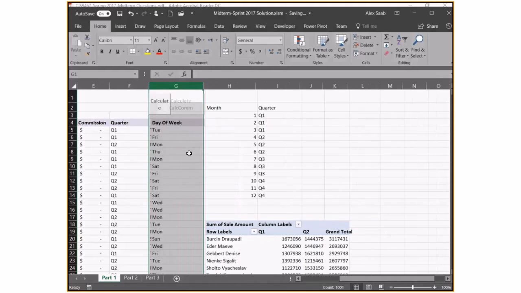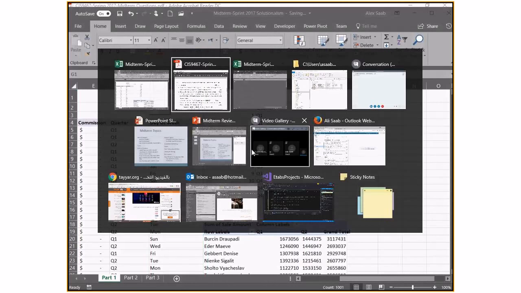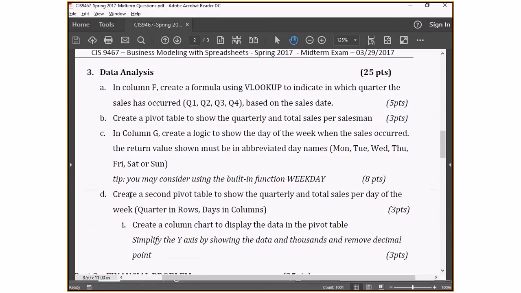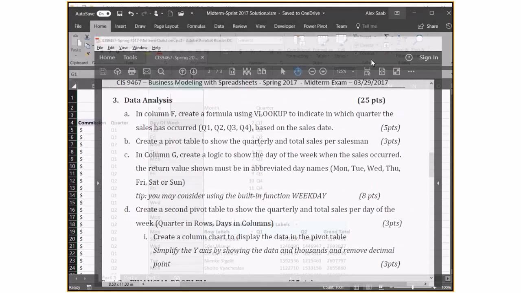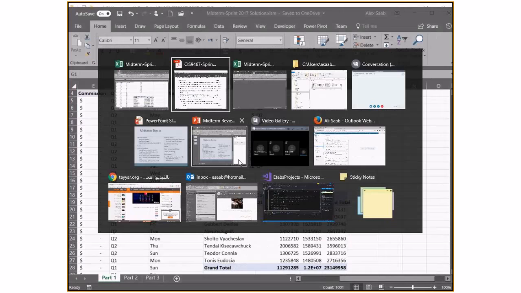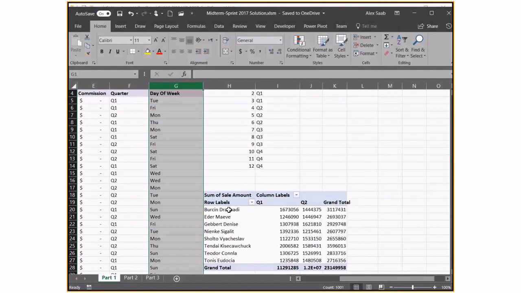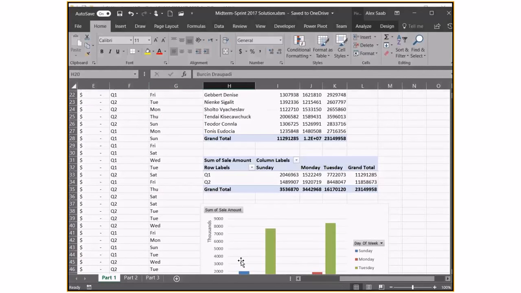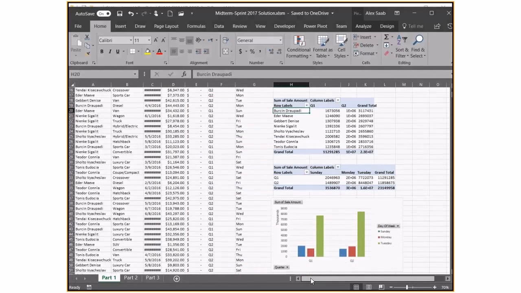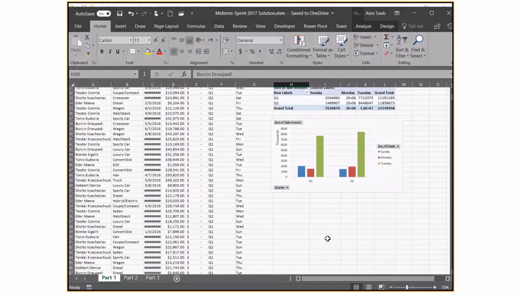Delete this one. So the question is: create a second pivot to show the quarterly and total sales per day of the week, quarters in rows, days in columns. I don't know if I can be even more specific. I'm telling you exactly what goes in the rows and what goes in the columns. If I want to create a new pivot table, did I delete that? Hold on, let me delete this.